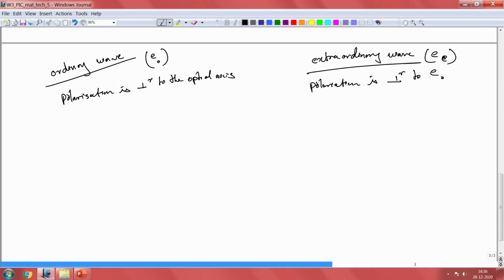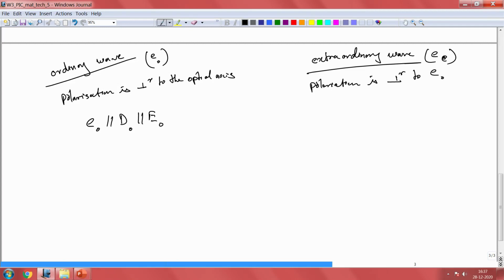And here, when we say direction of polarization, we primarily mean the electric field E, and the direction of D is also very important, that we will shortly see. Okay. So, the easiest form to write this is E naught is parallel to D naught.